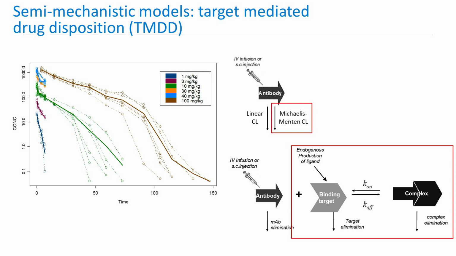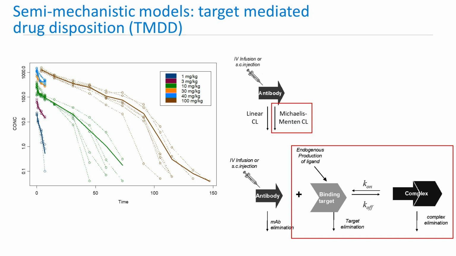But if you've been able to measure some of the other components, if you have, for example, the binding target as well as the complex, you can actually understand this in a much more mechanistic way, where as the antibody binds to its target, this causes a complex, and the complex has a different clearance or the same clearance as the antibody, and that can actually affect the PK of the drug.